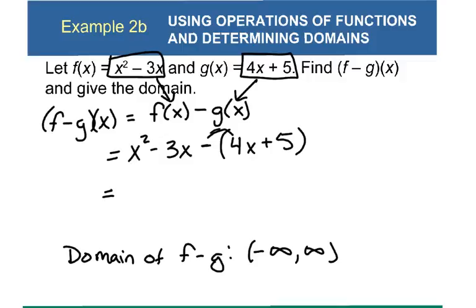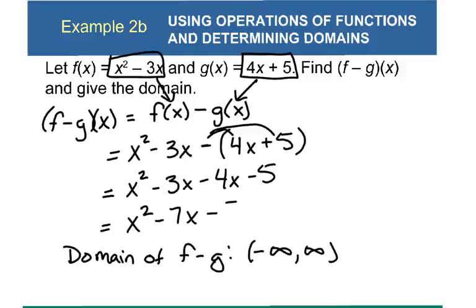So this distributes across the parentheses, which gives us minus 4x minus 5. And simplifying that further, we get minus 7x minus 5. And that is what f minus g of x gives us. And then we've already found the domain.